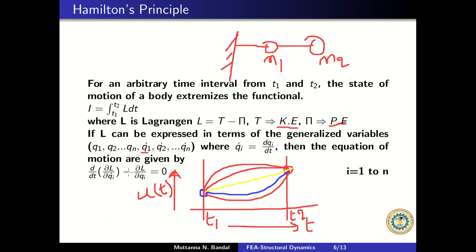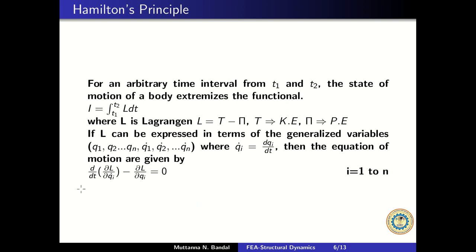Then the equation of motion is given by this term: d by dt of dou L by dou Qi dot, so this is a velocity term, minus dou L by dou Qi, this is a displacement.